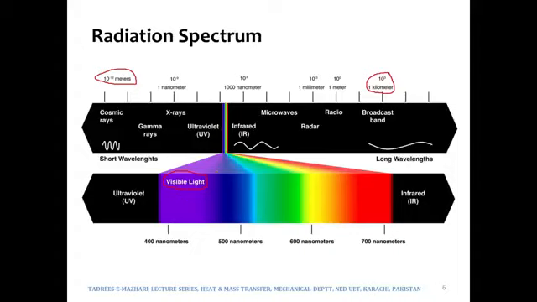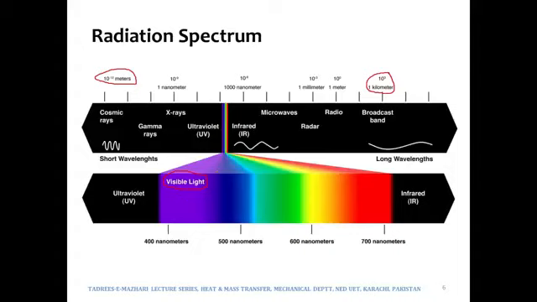Visible light is that radiation which a human eye can see without any external aid. Of course, some other radiations can be seen using external aid such as night vision goggles, but that would not be called light, because light is that radiation which is visible to the human eye without any external equipment.